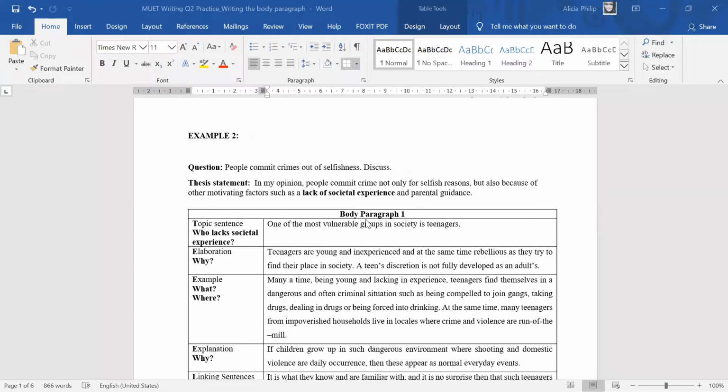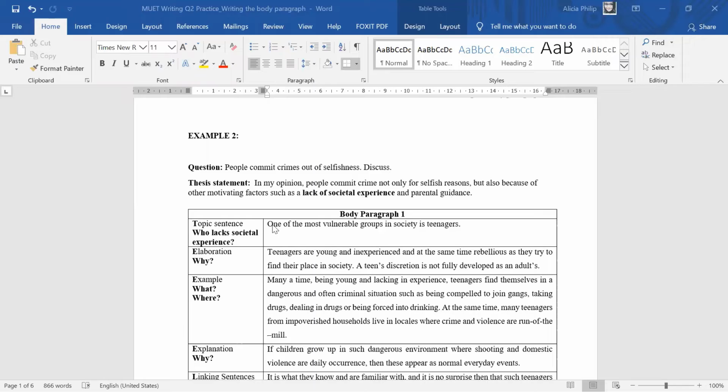You have other motives such as lack of societal experience and parental guidance. Here, what this writer has done is mention who this person is, because in the thesis it just mentions lack of societal experience and parental guidance.